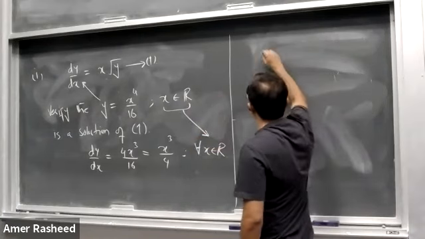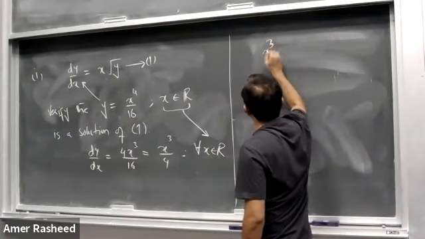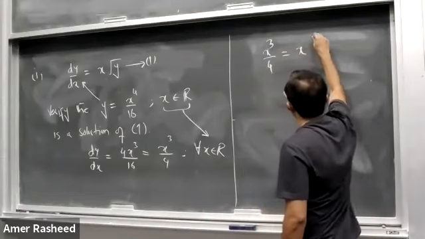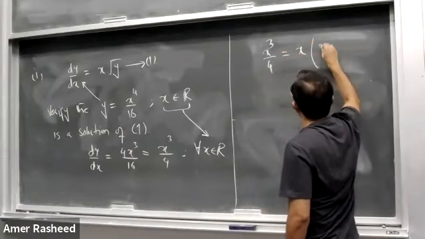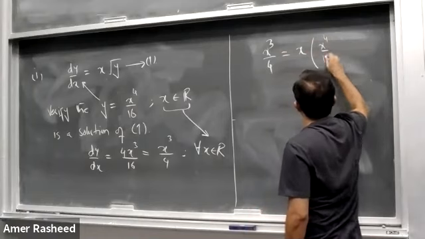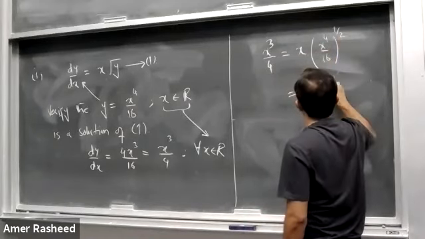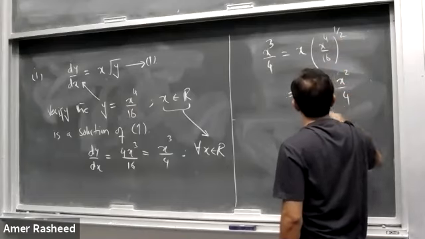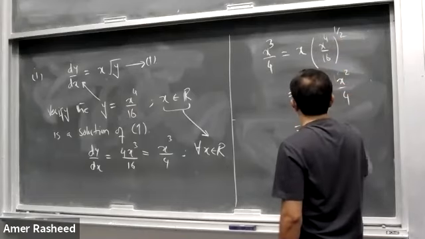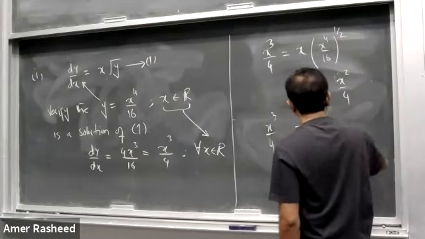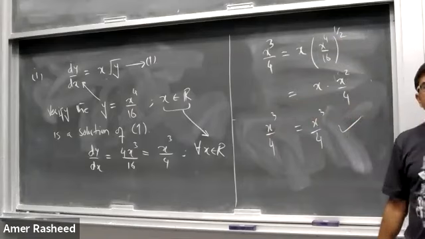So we put this on the left hand side, x cubed by 4. What is on the right hand side? x times square root of y. Y is x power 4 over 16, we have to take its square root. So it becomes x into x squared by 4, which is x cubed by 4. What was the left hand side? It is x cubed by 4. So now the left hand side is equal to the right hand side.